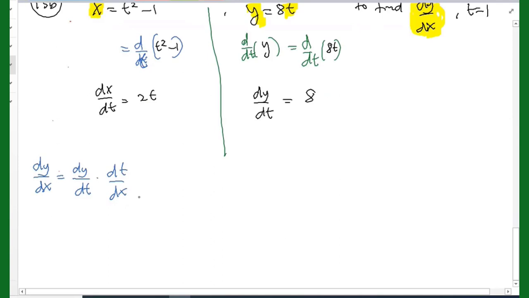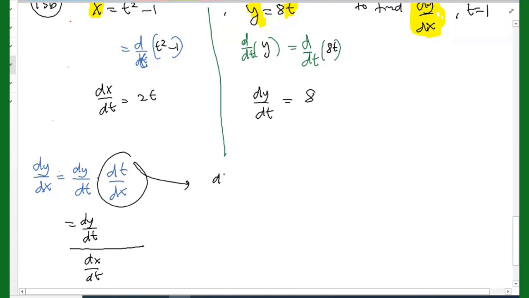So dy dt over dx over dt, because dt over dx is equal to 1 over dx over dt.